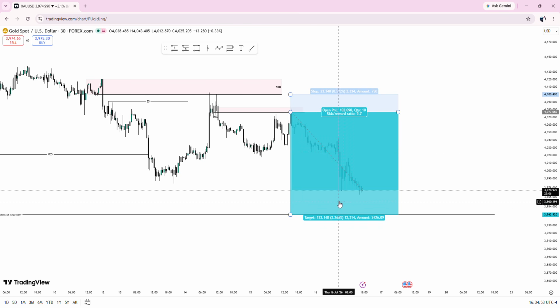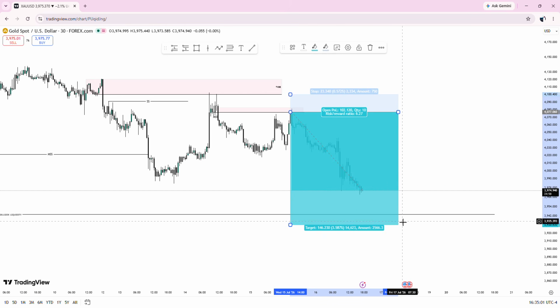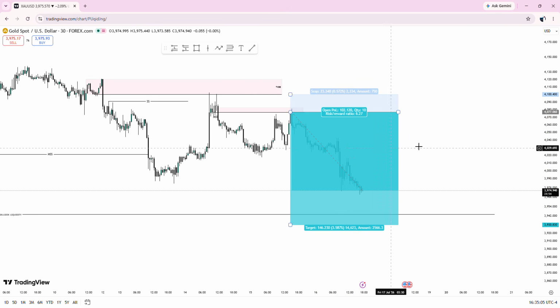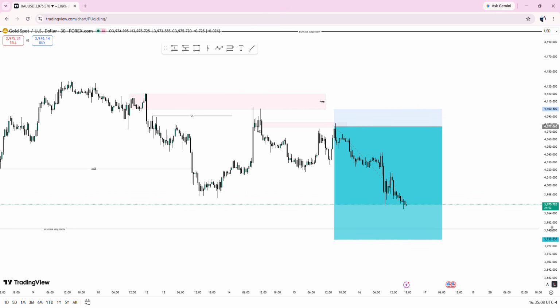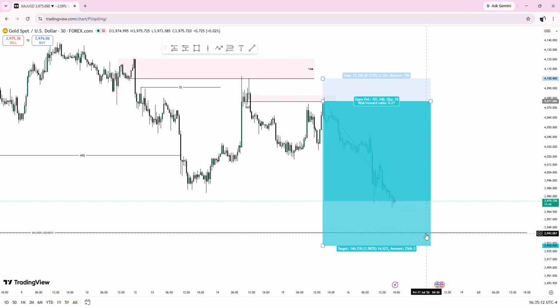So far so good. We are almost reaching our take profit, and we might trade a bit lower from there, something like an extension of 20 pips from here. The market is definitely going to achieve that. So that's our take profit for this particular trade.